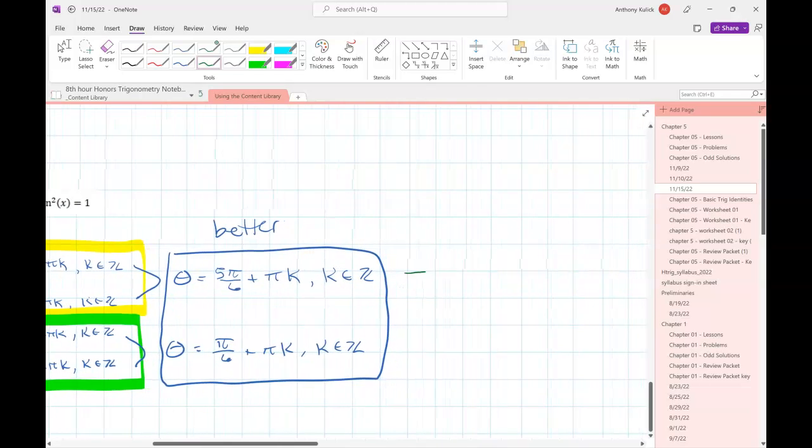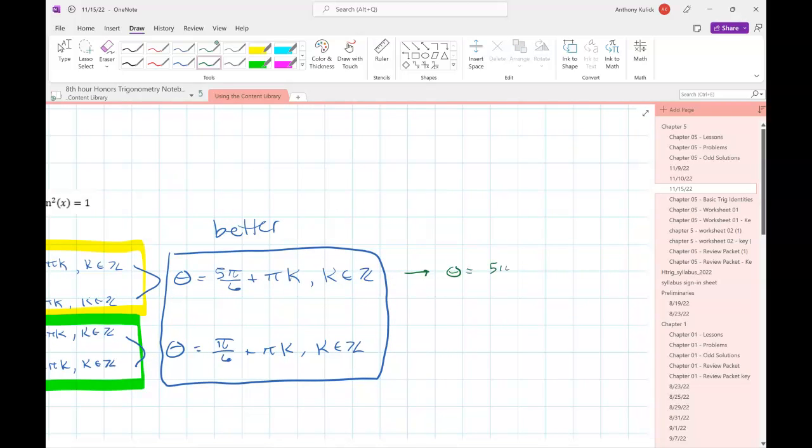Well, I'm just going to take my answers here, and clearly 5 pi over 6 is between negative 4 pi and 6 pi. Everybody agree with that? And then I'll subtract 1 pi from that. Is that between negative 4 pi and 6 pi?